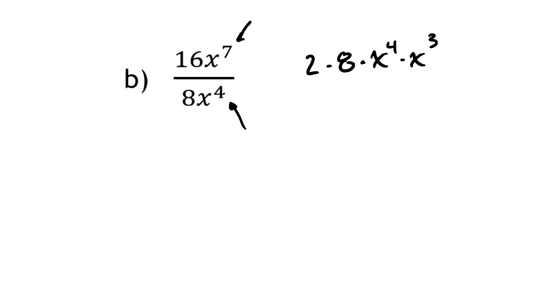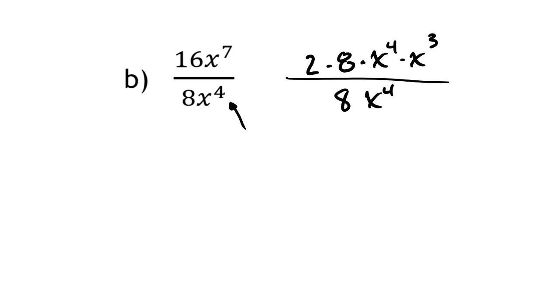Now please focus on this. 16x to the seventh and 2 times 8 times x to the fourth times x to the third are exactly the same. They're both 16x to the seventh power. The reason why I've written it this way is because now it makes it easy for me to identify the fact that I also have a factor of 8 and x to the fourth in my denominator.